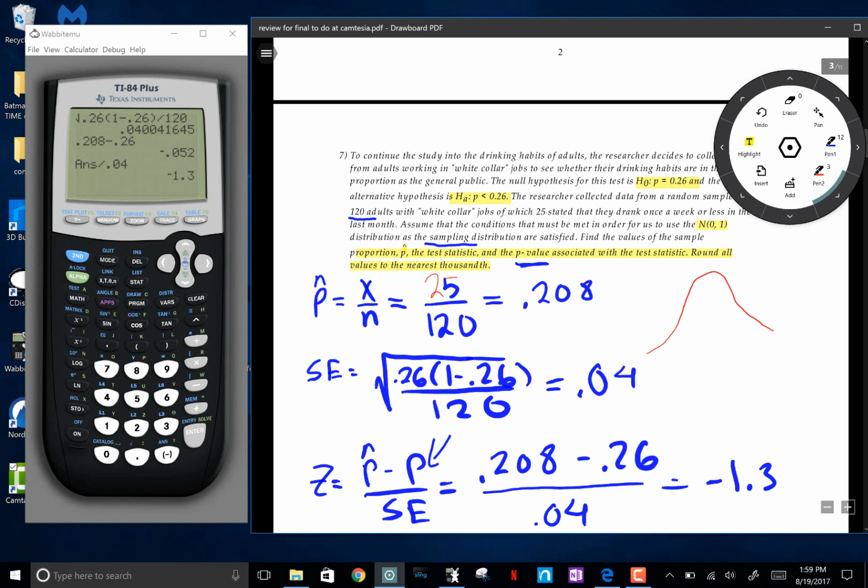We want to draw a density curve, because the density curve tells us which side of the proportion we want.